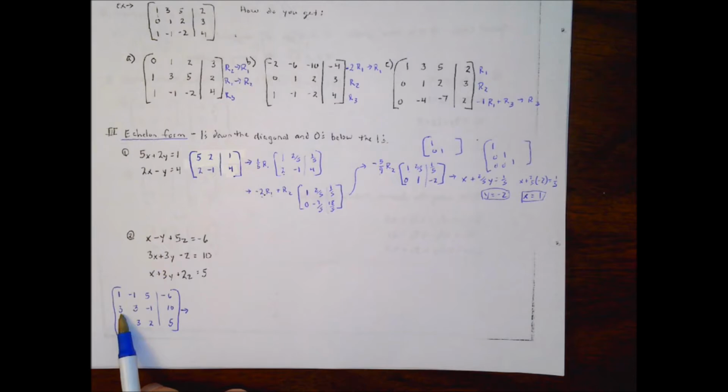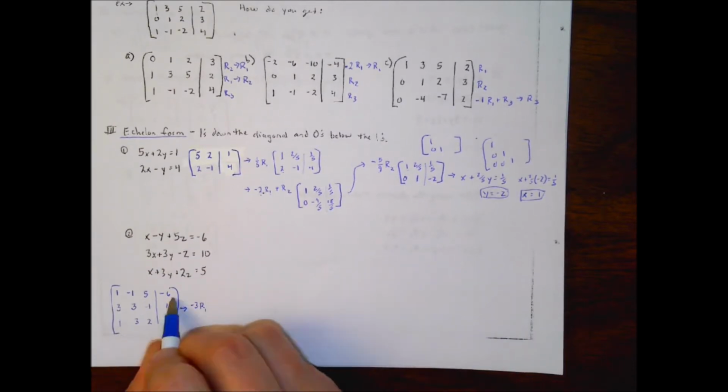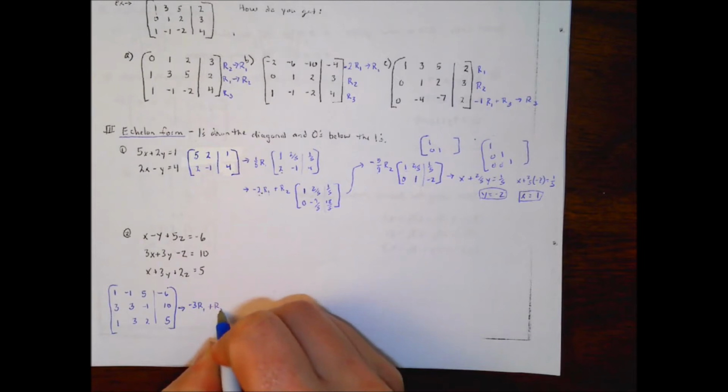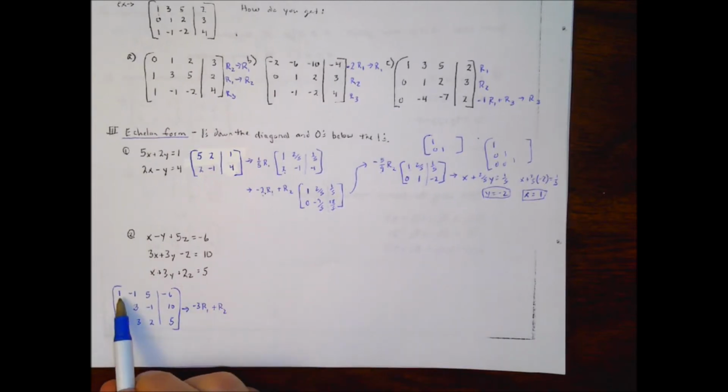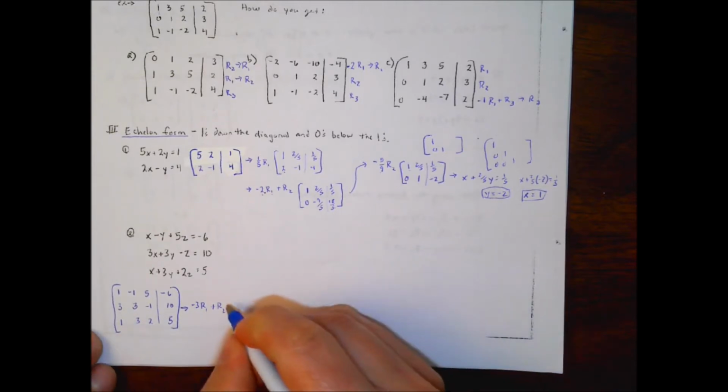Let's take negative 3 times our row 1 and add it to row 2. So that would make negative 3 times 1 is negative 3, plus 3 would be a 0 there then, which is what we want. Okay? So we're not changing row 1.